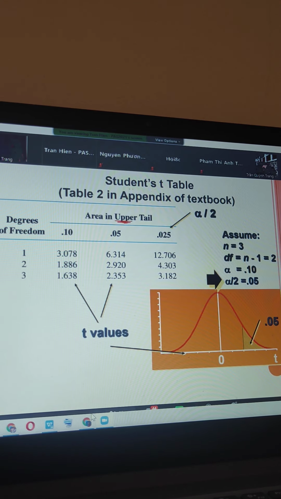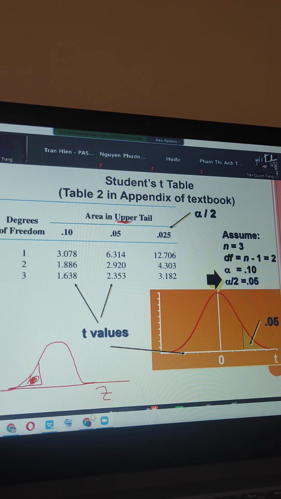So the difference between the T distribution and the standard normal distribution is that the T distribution shows you the areas in the right hand side, but the standard normal distribution Z shows you the areas in the left hand side.